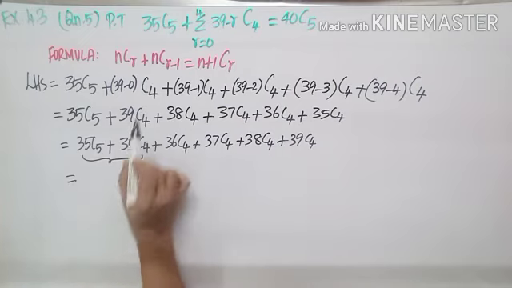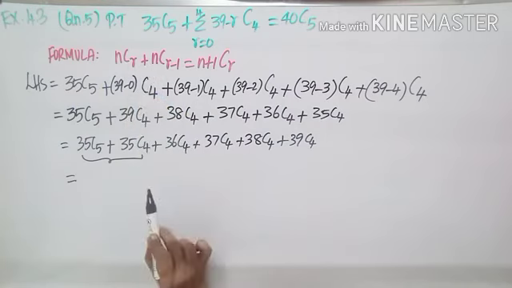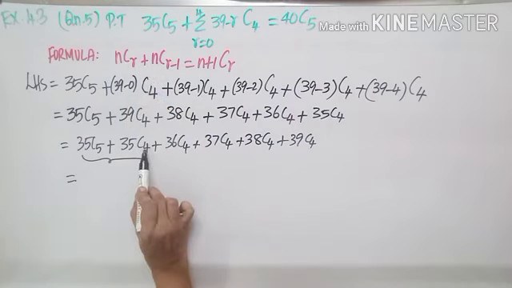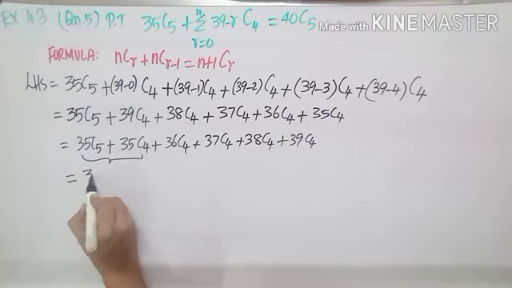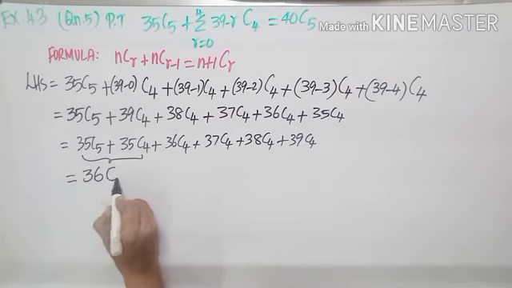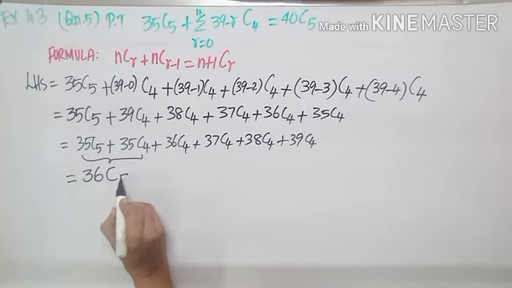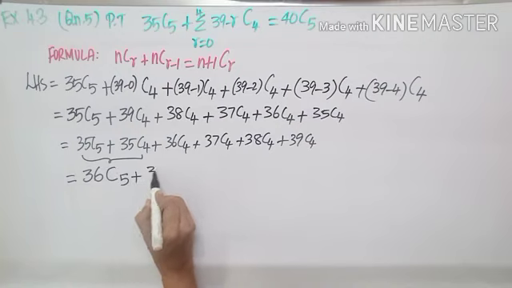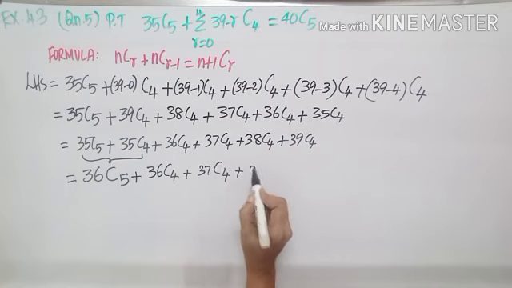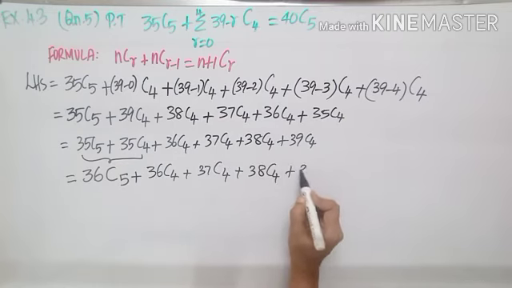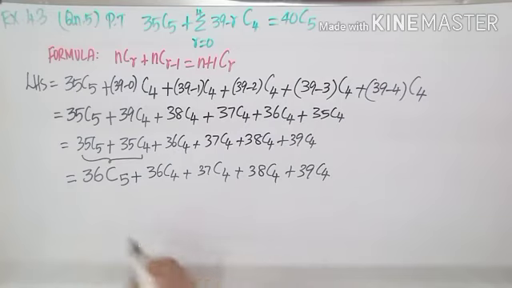35, 35 same number. I am using this formula. 5 and 4. The right hand side will be bigger number. So 35, 35 will become 36. C for 4 and 5, 5 will come. The next numbers 36C4, 37C4, 38C4, 39C4.